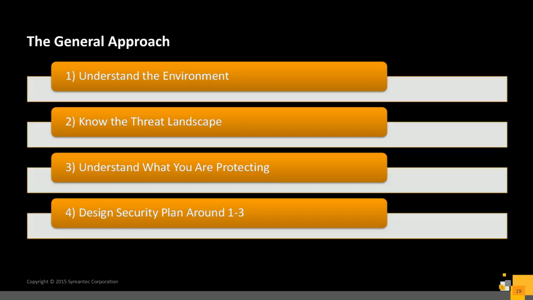Number 1, understand your environment. Have a network map, please. Don't call us or somebody else in and ask for help and not be able to tell us about your environment. Having an inventory of your machine names and IP addresses is very helpful and can rapidly help us get a situation under control.